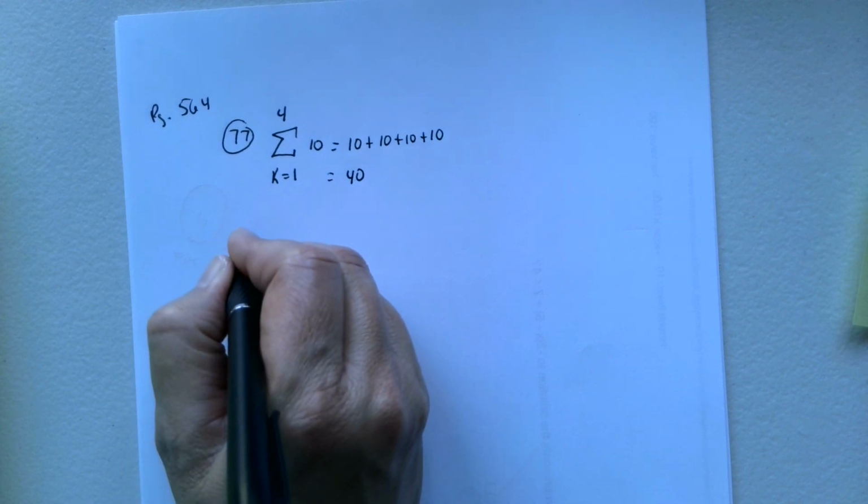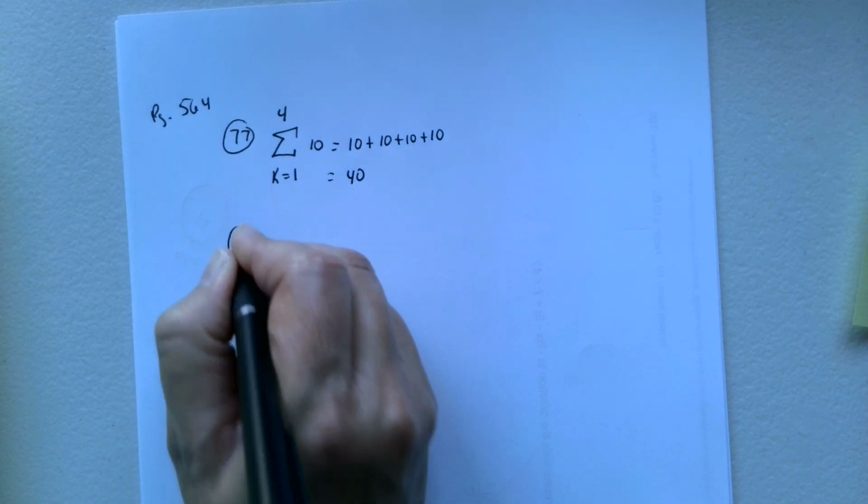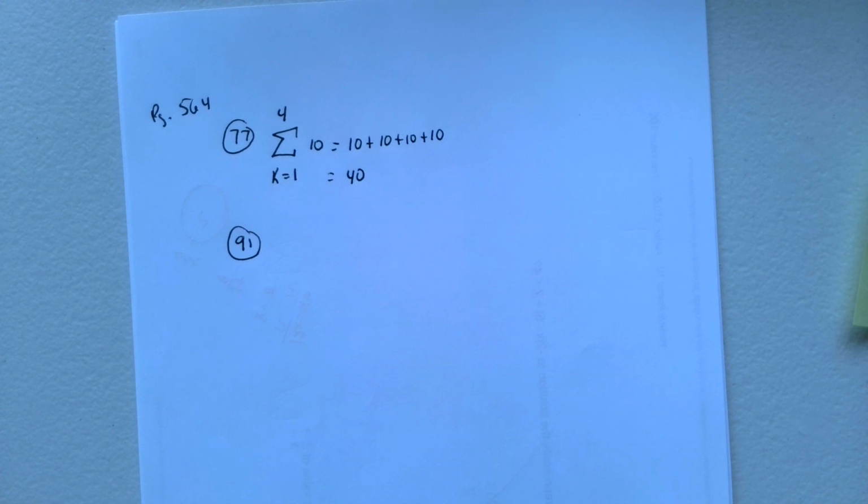Now, what I really want to look at is on the next page. If you look at 91 through 100, it says use sigma notation to write the sum, then use a graphing utility to find the sum.